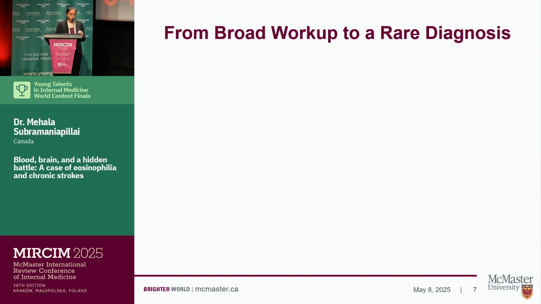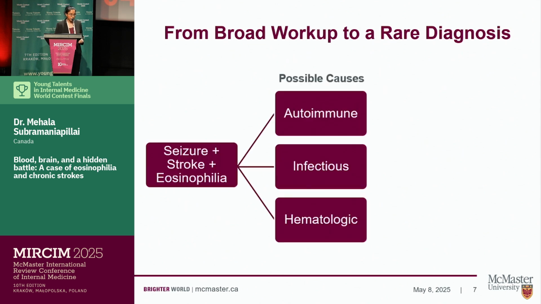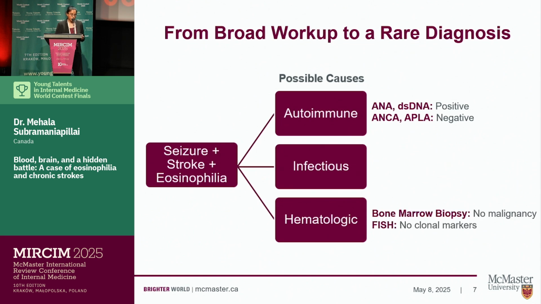This led us to broaden our workup to include less common causes, which fell into three main categories: autoimmune, infectious, and hematological. Although his ANA and double-stranded DNA were positive, he had no clinical signs of an autoimmune disease. Bone marrow biopsy showed no malignancy, so ruling out a primary hematological cause.